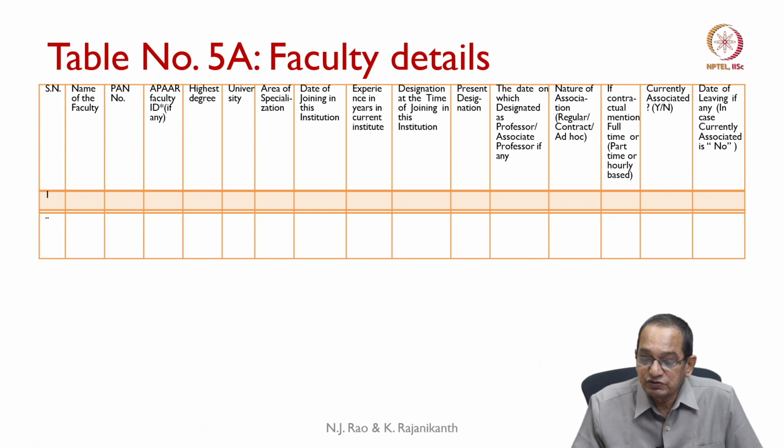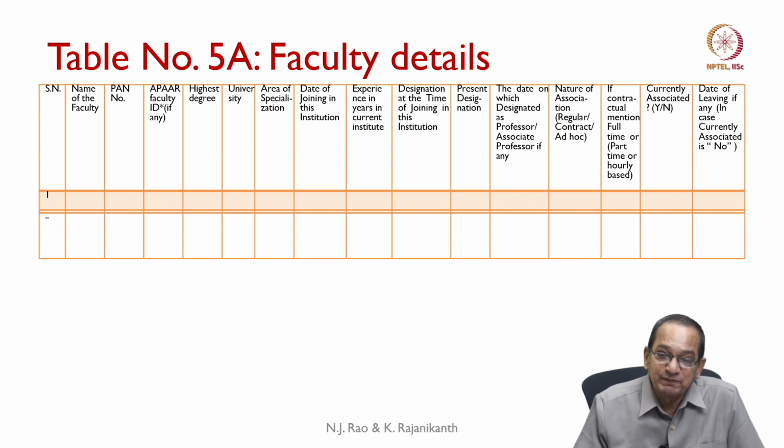And then nature of association, whether it is a regular appointment or contractual or ad hoc appointment, that is also indicated. And if contractual, mention full-time or part-time or hourly basis. This distinction is important because as we will see later, if it is an hourly basis appointment, that person would not be counted in the faculty.